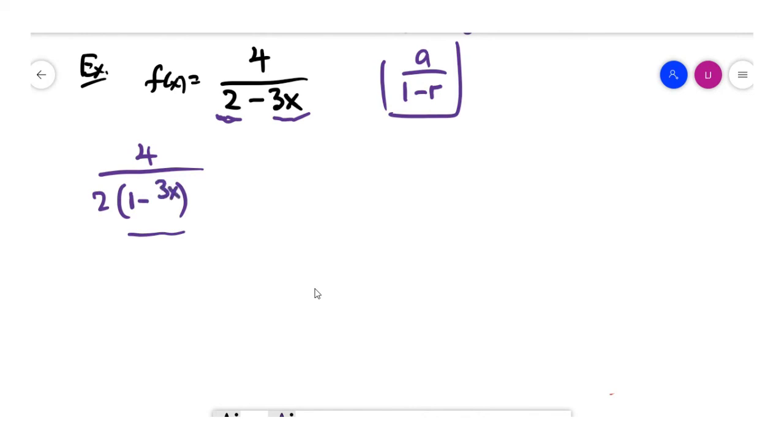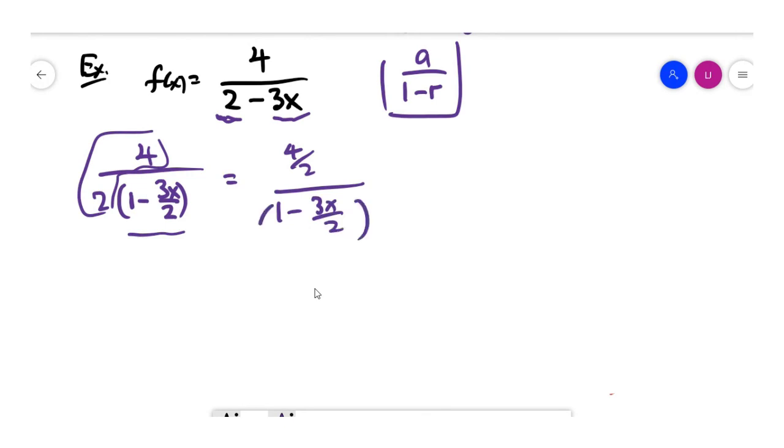Anyway, the second term inside the bracket, we can make it look like 3x over 2. And in that case, I can make the whole fraction at the top because it's just the constant term attached to the rational function here. So basically, they are now identical if I let a be 4 over 2, which is 2, the first term here.